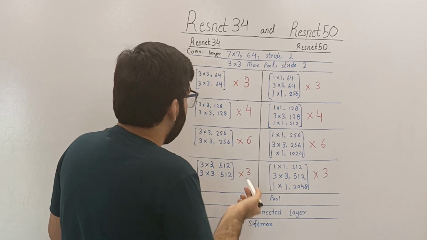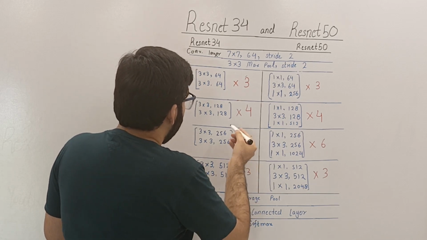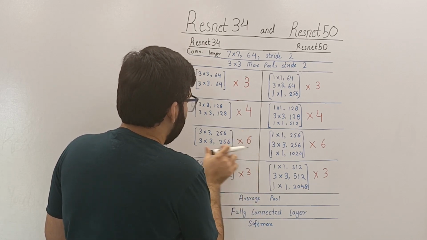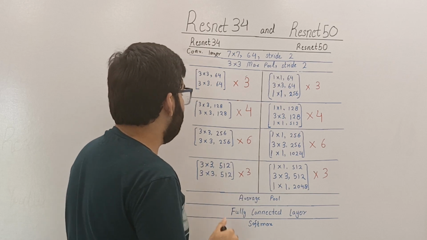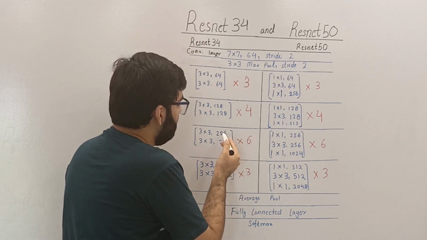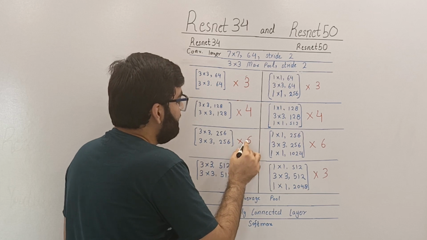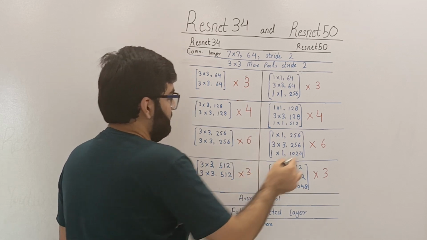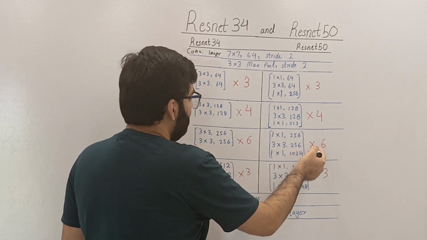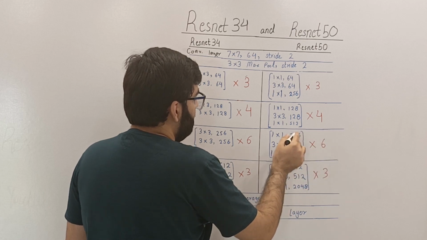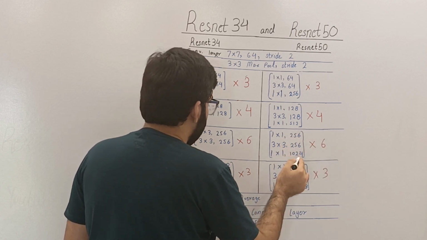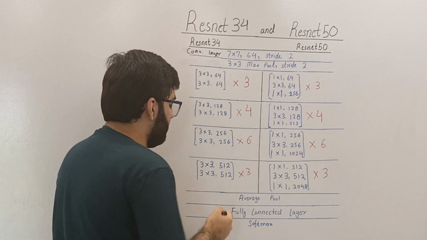Again, the residual block is almost the same in the next portion, except that the number of filters is again doubled, and the residual block is now occurring 6 times. And here the residual block is occurring again 6 times. The number of filters is doubled. Same case in the next portion.